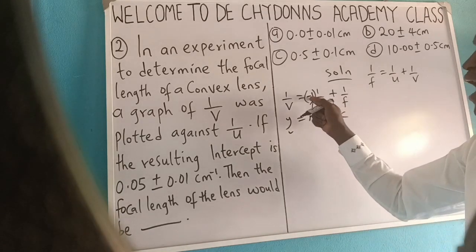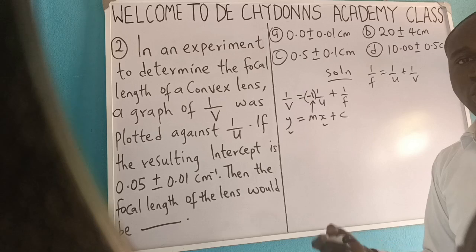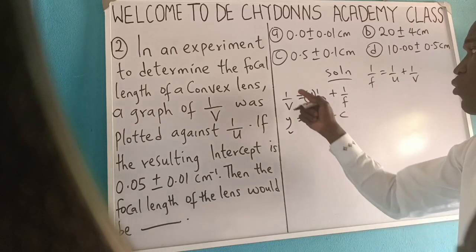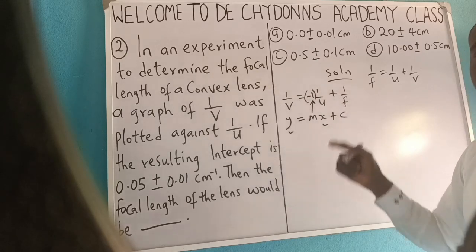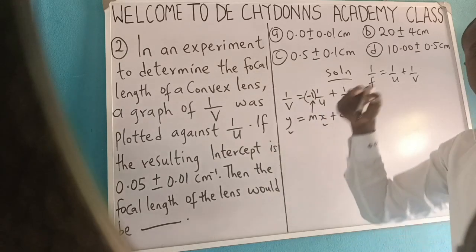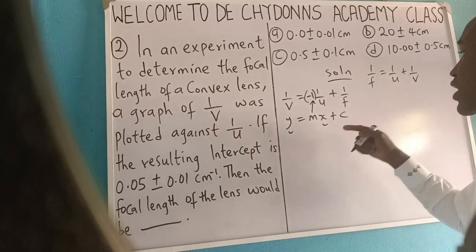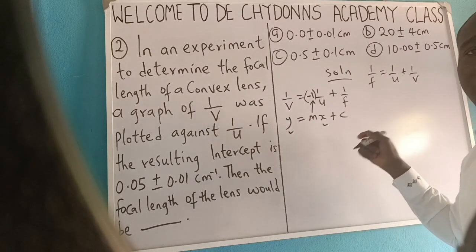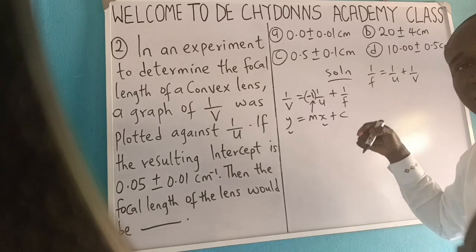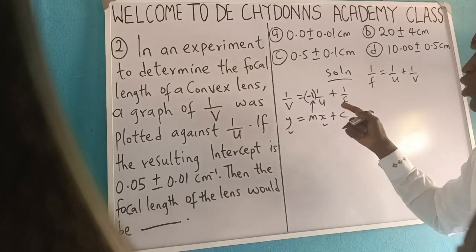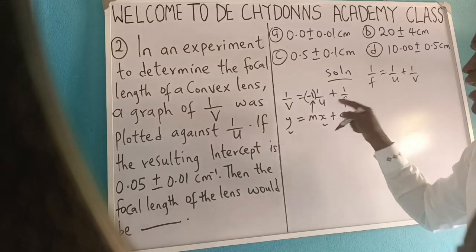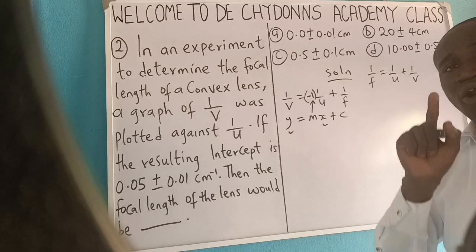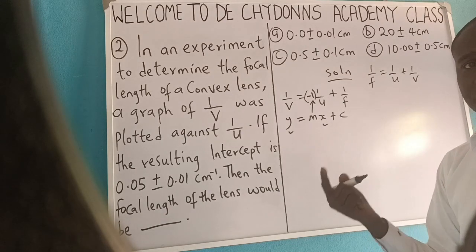This minus 1 we have here is called the theoretical slope. A student will get the theoretical slope when he plots a graph of 1 over v against 1 over u. But when he performs the experiment itself, the slope he gets will be called the experimental slope, because his slope will slightly vary from minus 1 or might equally be minus 1, depending on the error the person encountered during that experiment.